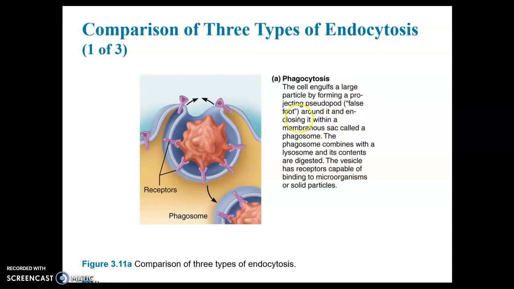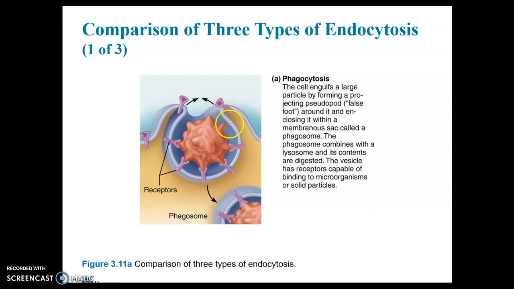So what we're seeing here is phagocytosis. The cell has formed this, I always want to say indentation, it's formed this, it calls it a projecting pseudopod or false foot. So that's what these are. So this is a pseudopod, and then this one is a pseudopod.